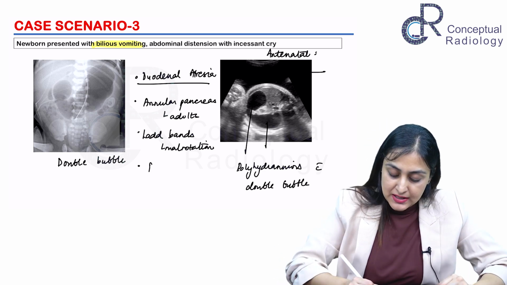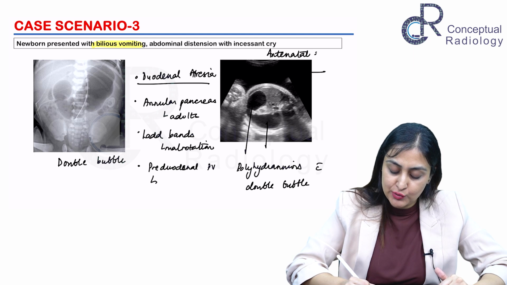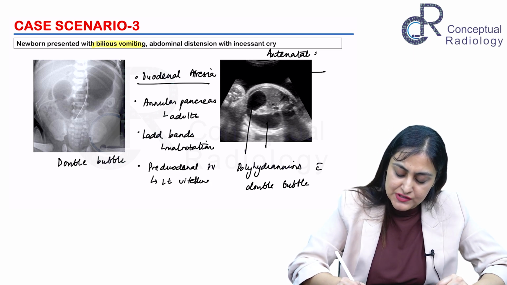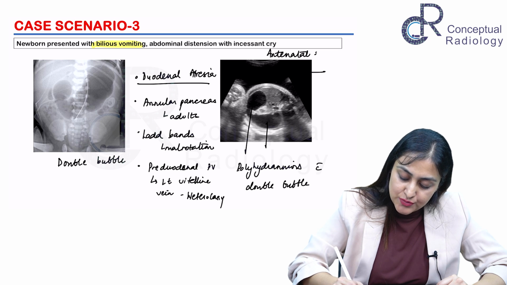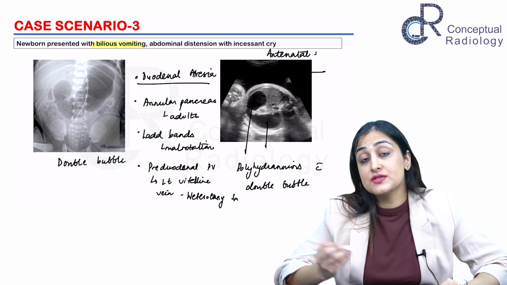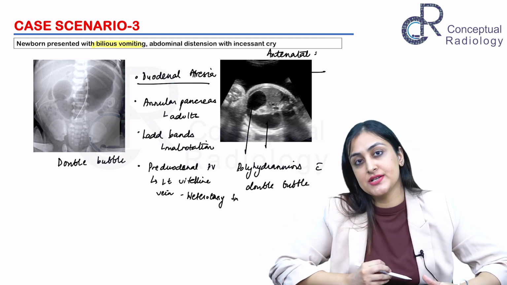So the anomaly is a pre-duodenal portal vein. This is an anatomical variant which is thought to be a persistence of the left vitelline vein. So this is a remnant of the left vitelline vein, and this is frequently associated with heterotaxy syndromes, right? Where you have situs issues, that is where you're going to see this variant wherein the portal vein courses anterior to the duodenum and ends up obstructing it.